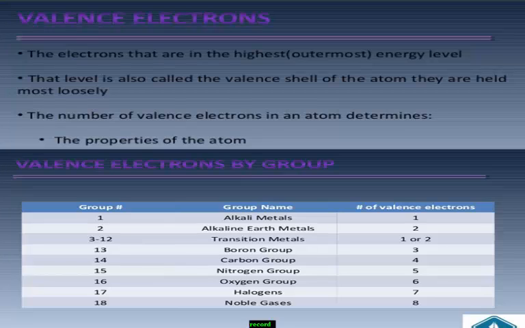Carbon group, the 14th group elements, contain 4 valence electrons. 15th group, 5 electrons. Oxygen group, 6 valence electrons. We know halogens, the 17th group elements, contain 7 valence electrons, and 18th group elements contain 8 valence electrons.